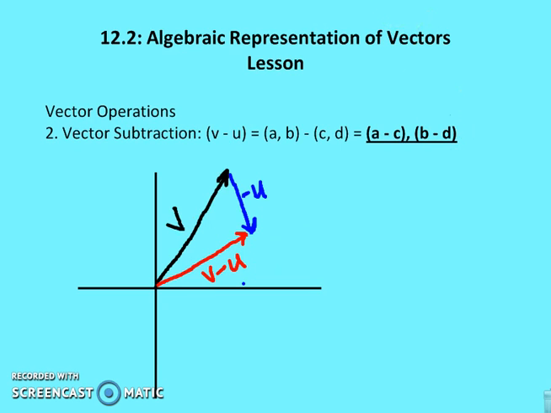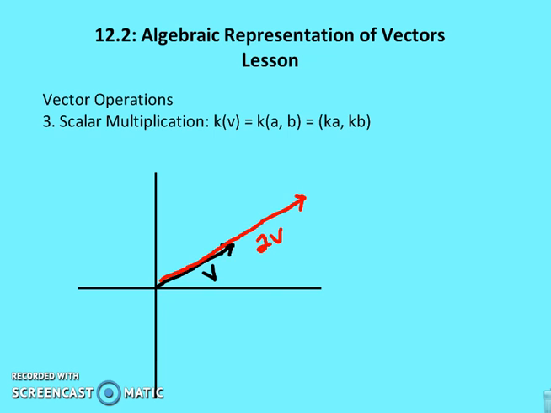If I subtract v minus u, minus u is just the vector u that moves in the opposite direction but with the same magnitude. So it'd be (a, b) for v, and (c, d) for u. Subtracting those, I get (a minus c, b minus d) as my component form for the subtracted vector.